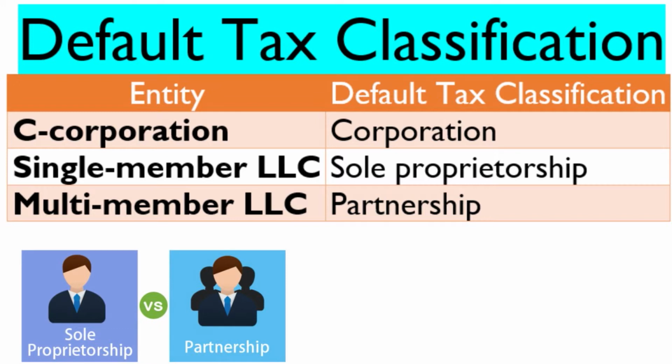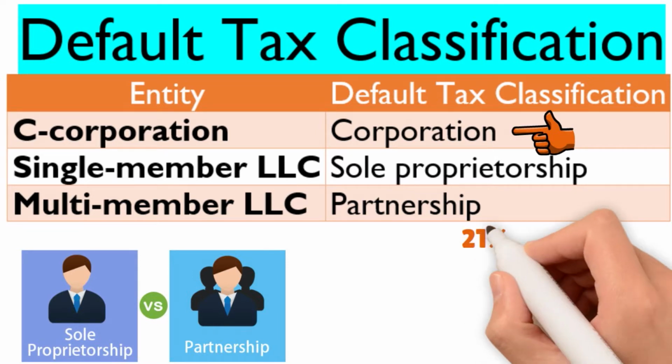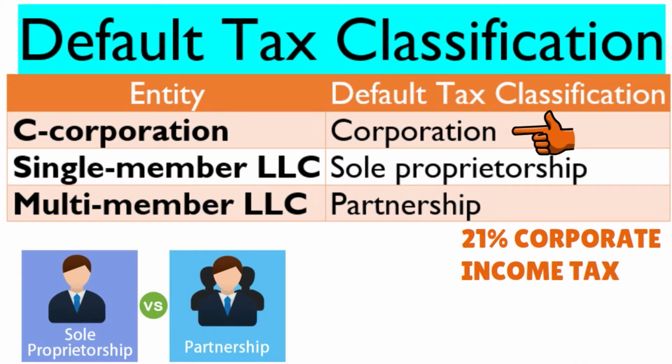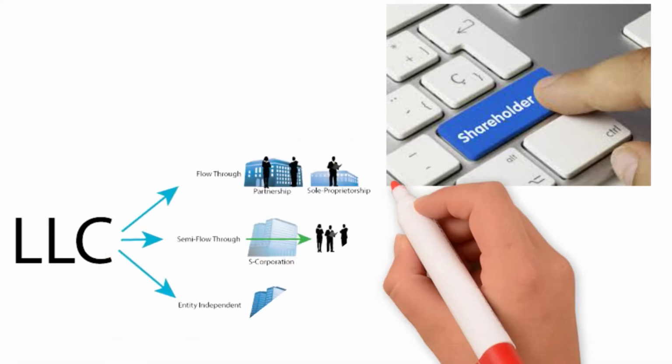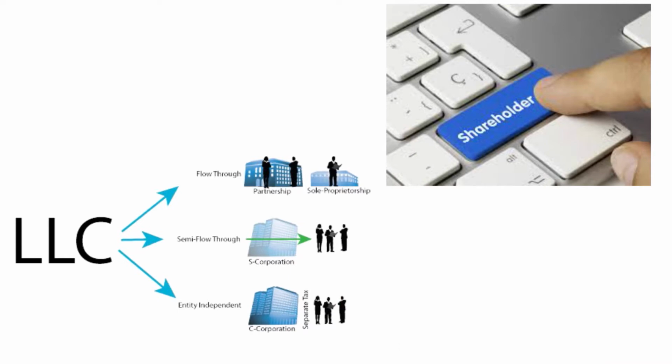This means that business owners report their share of business income and losses on their personal tax returns. By default, corporations are regarded as C corporations for tax purposes. Remember, a C corp pays a 21% corporate income tax on the business's net taxable income for the year. Shareholders also pay a dividend tax on any distributions from the corporation. That's why we have the whole concept of double taxation when you talk about C corporations. LLCs can choose whether to be taxed as a pass-through entity or as a corporation.